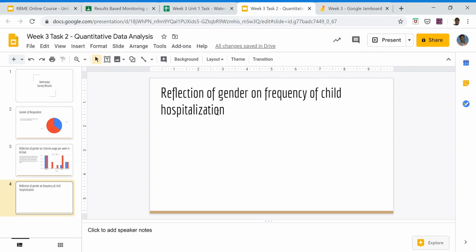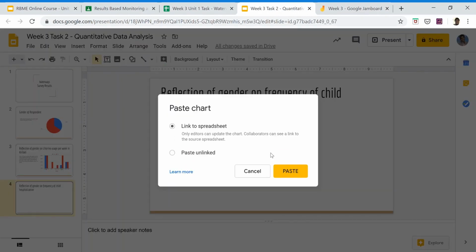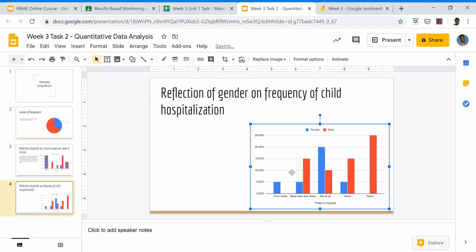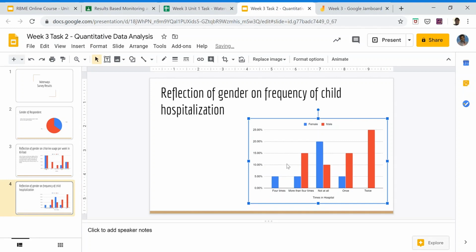and paste on link, paste it here. Yeah, we have it here already. So not at all, twice, so that's this, bam, bam, bam.